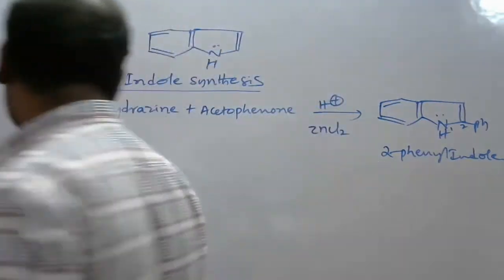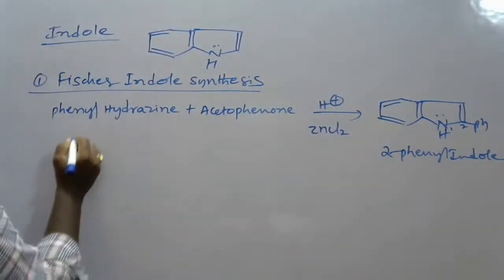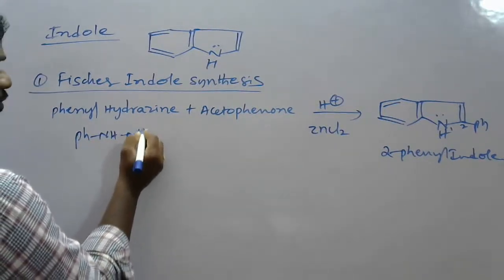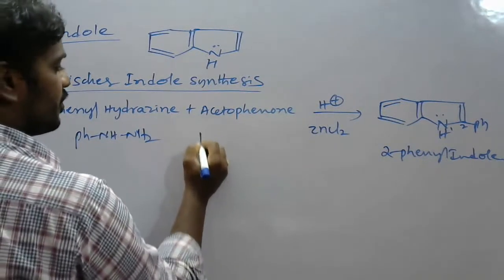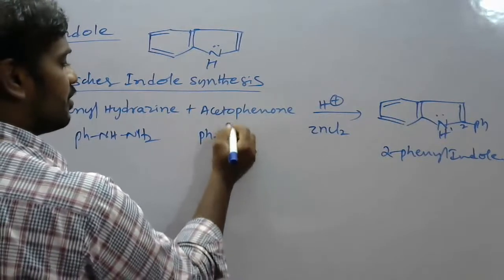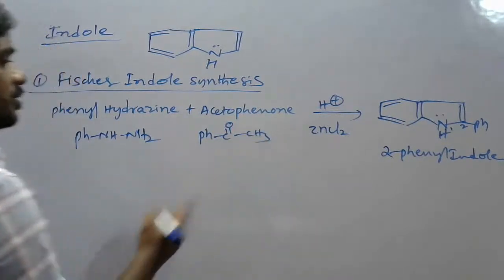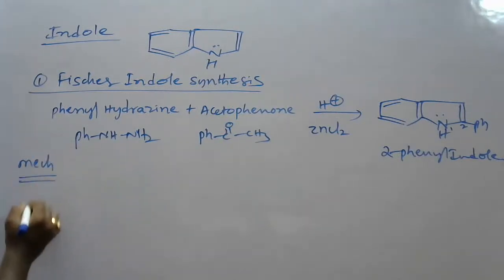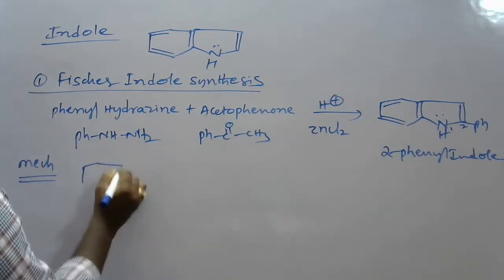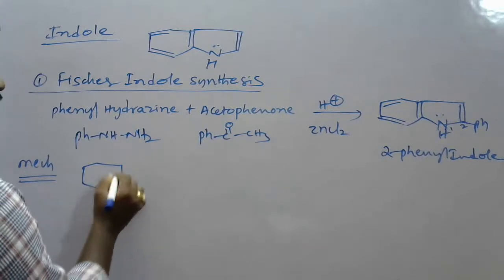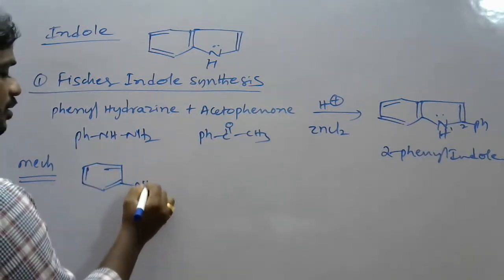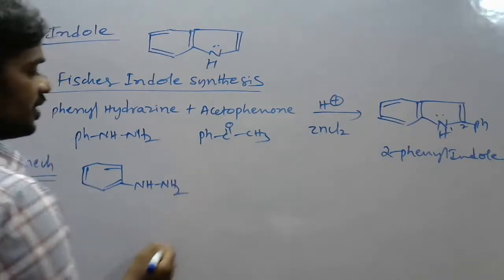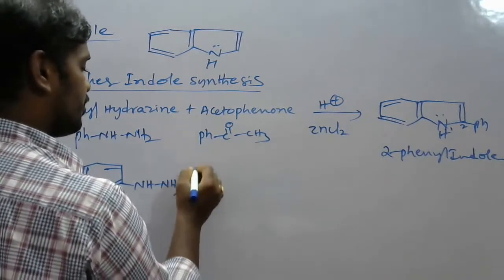See this one: phenylhydrazine, Ph NH NH2, and acetophenone, Ph C double bond CH. See the mechanism: phenylhydrazine reacts with acetophenone.